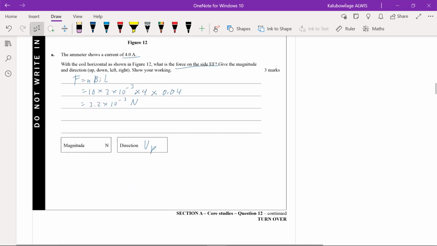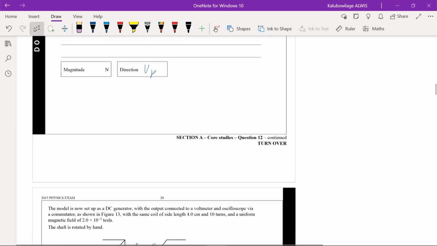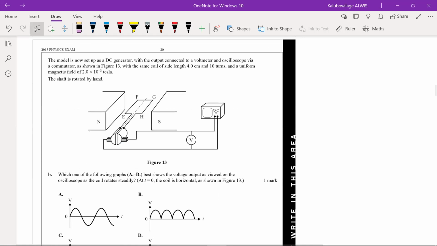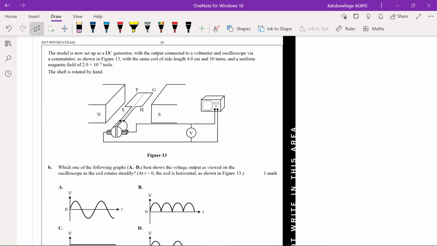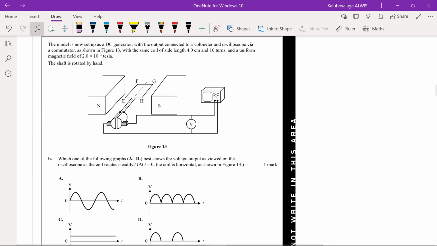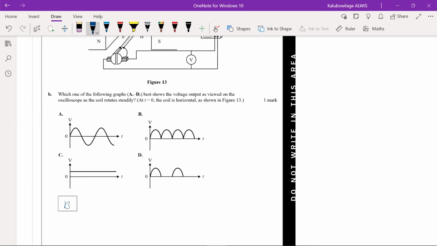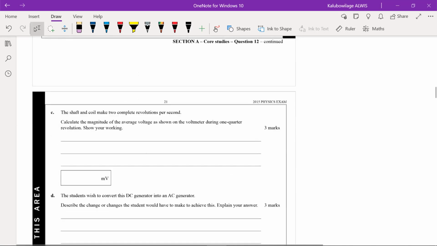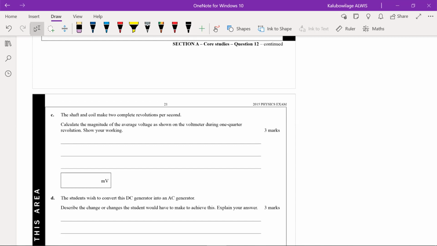It shows a DC generator. It's a common DC generator, and the shaft is rotated by hand. It's DC, so we get B. The shaft completes 2 rotations per second.